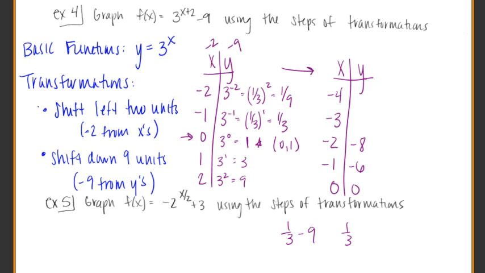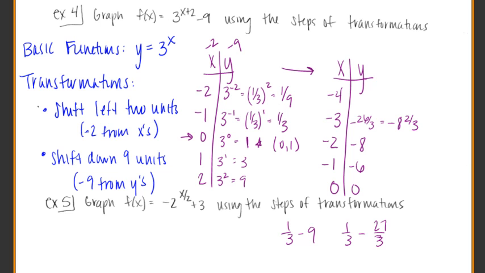If I want a denominator of 3, 9 times 3 is 27. So 1/3 minus 27/3 will be negative 26/3, or as a mixed fraction, negative 8 and 2/3.